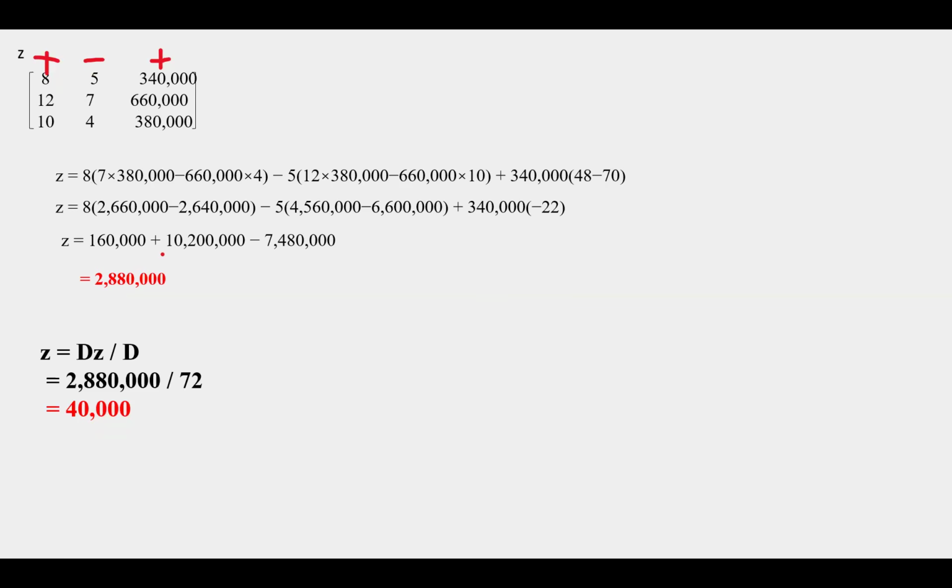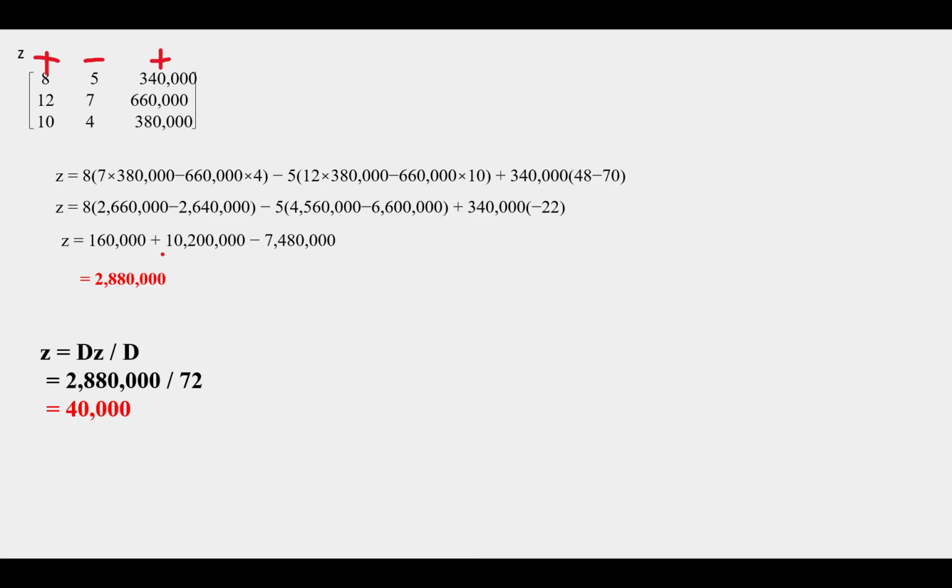You create the 2 by 2 matrices. Subtract the major from the minor diagonals, multiply the value outside, and here we'll get our total determinant of z as 2,880,000 shillings, right? So like I echoed earlier, we have just found the determinant of z.